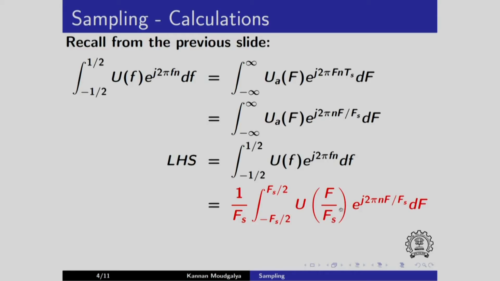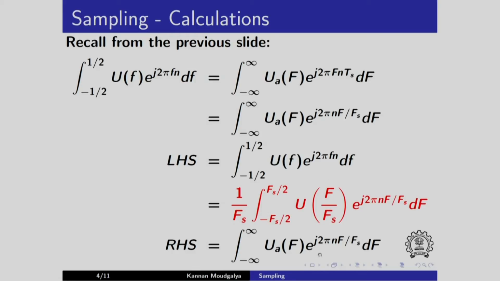Fs is the sampling frequency, and because I have df here, I have d of capital F by Fs. You will have to recall this expression 2 slides from now. So you may actually want to write this down on a piece of paper because I am going to use this subsequently. Whereas the right hand side is given by this expression.